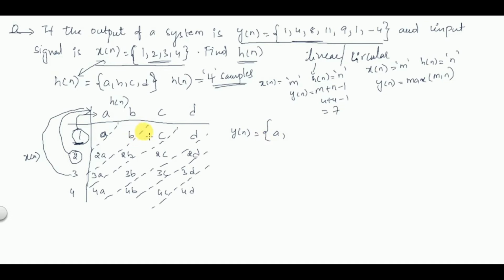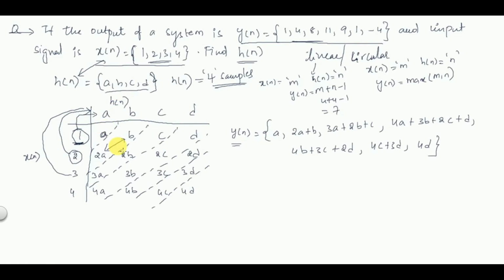In the second division you have 2 elements, 2a and b, and you add them: 2a plus b. In the third, you add 3a plus 2b plus c. Next, 4a plus 3b plus 2c plus d. And next, 4b plus 3c plus 2d. Next is 4c plus 3d, and last is 4d. So this is y of n.